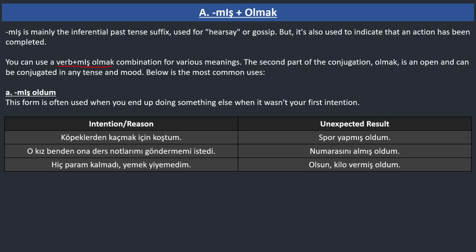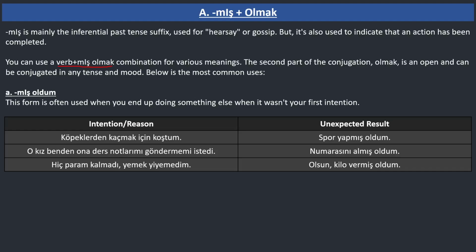Kilo kaybettim sounds like you got sick and have been losing weight when you don't want to. But if you say kilo verdim, that means you want to lose it, you have been exercising, and as a positive result, what you want, you vermek your kilos.